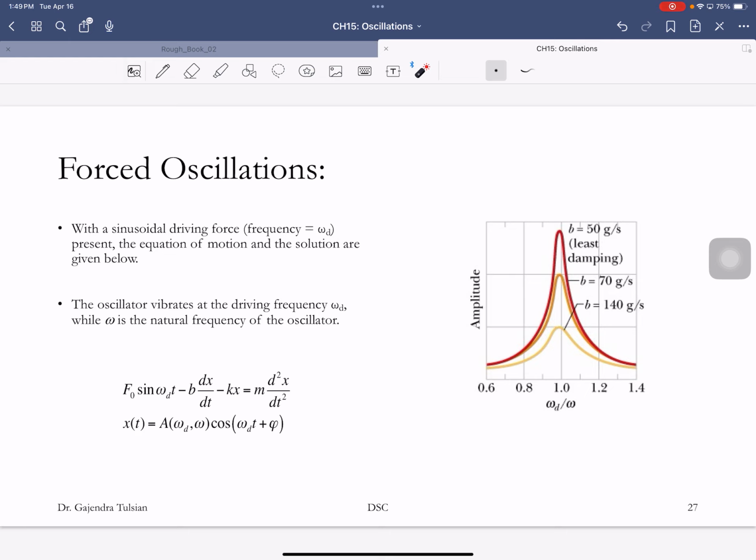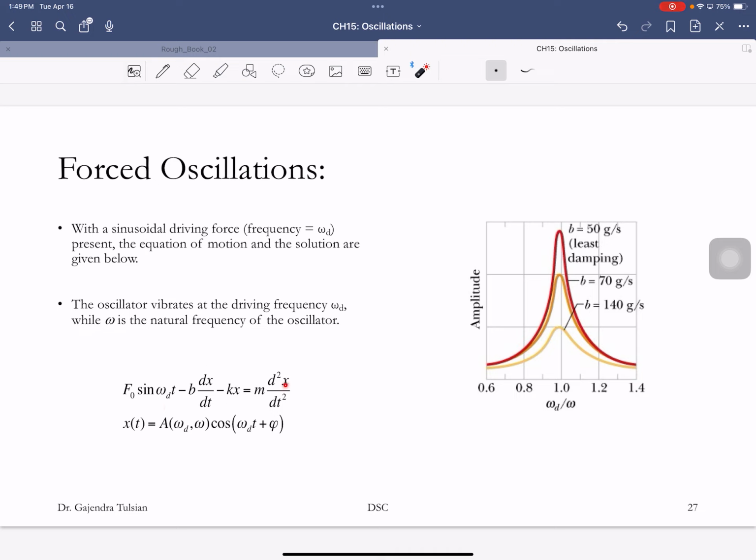All right, so here's the equation. Mass times acceleration is the total force. Here's the spring force. What is this guy? That's the friction force. And here's the driving force. You're pushing. So here's the driving frequency. Again, we're not going through the details.